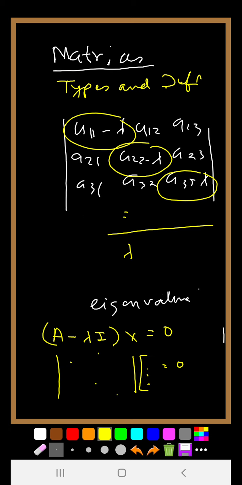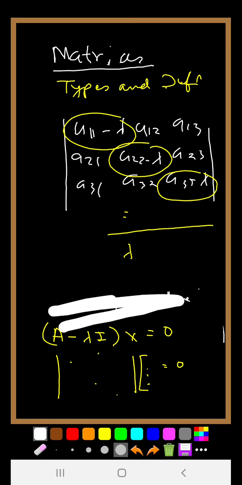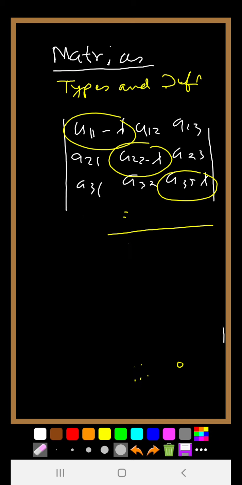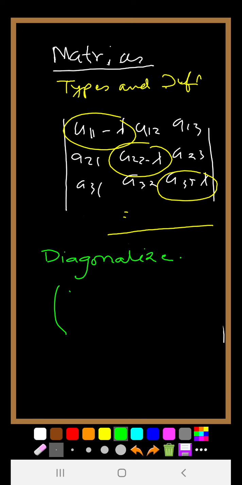One more topic is left, that is called diagonalization of a matrix. How do we diagonalize a matrix? That means we make all the non-diagonal elements equal to 0.